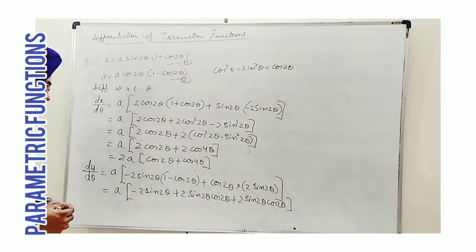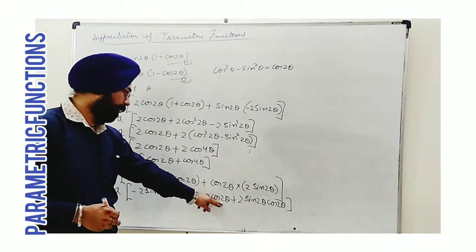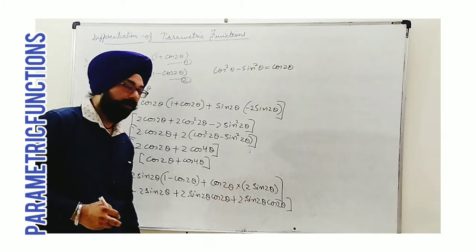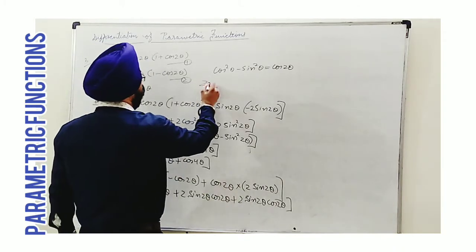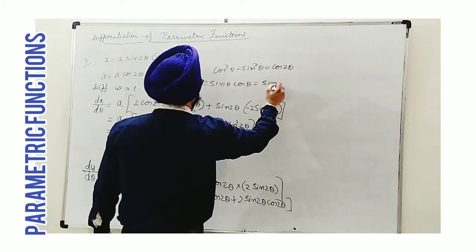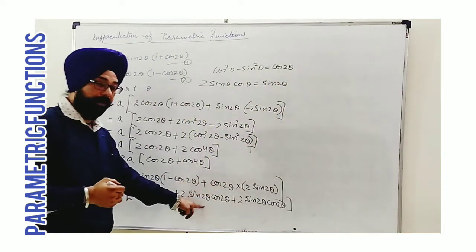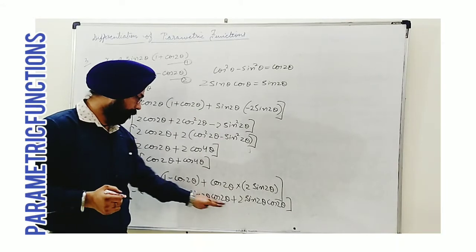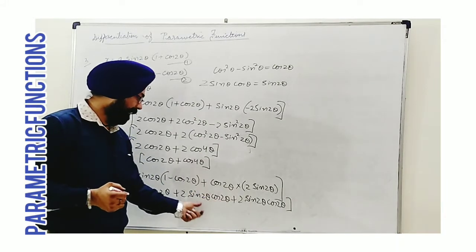And as you can see here, we have 2 sine 2 theta cos 2 theta in both of the terms. We know that by identity 2 sine theta cos theta is sine 2 theta. So this can be concluded as, here being 2 theta both, this will turn as sine 4 theta.